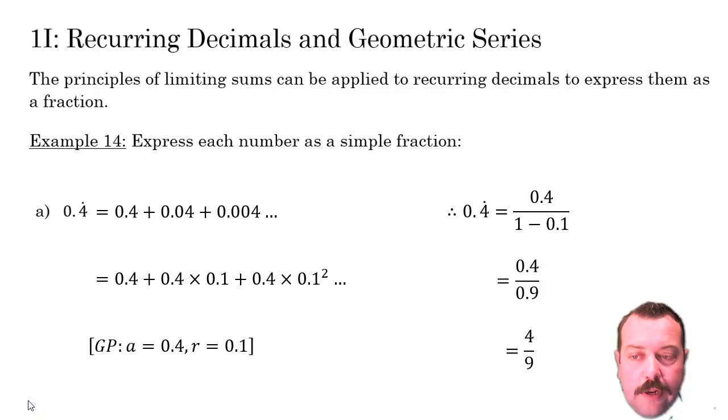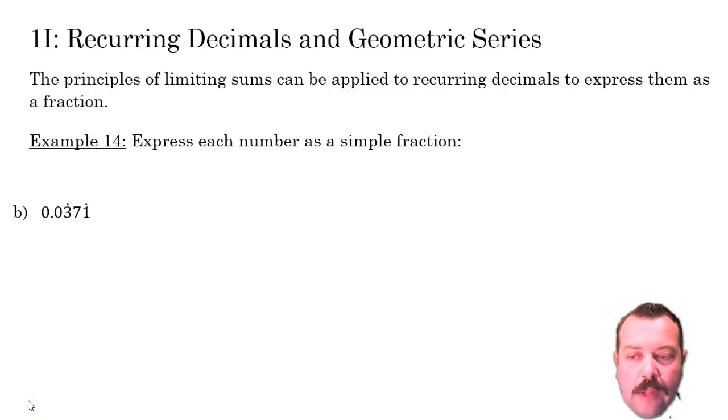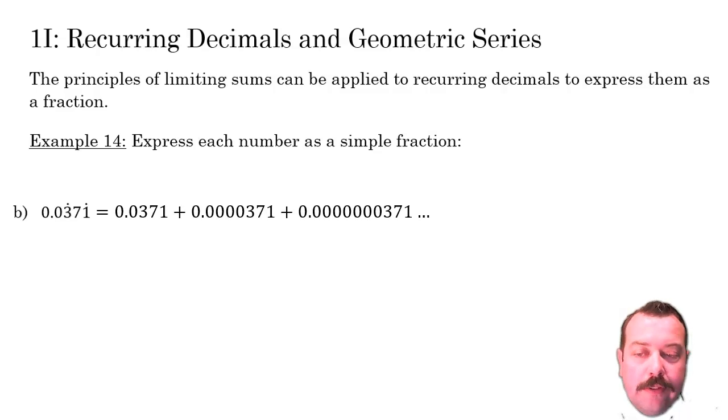Okay, let's look at another example here. 0.0371 recurring. So this is 0.0371 plus 0.0000371 plus 0.00000000371 and so on.